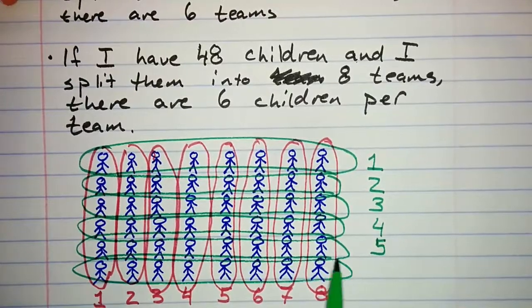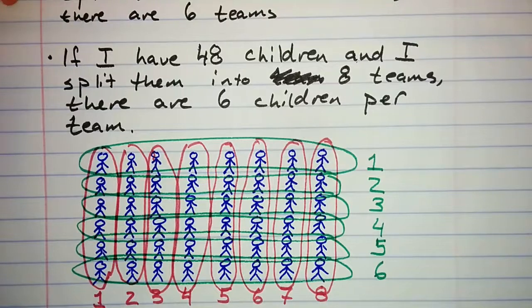And then the last 8 would be team 6. So either way, what am I doing? At each stage, I'm peeling 8 children off of my group.